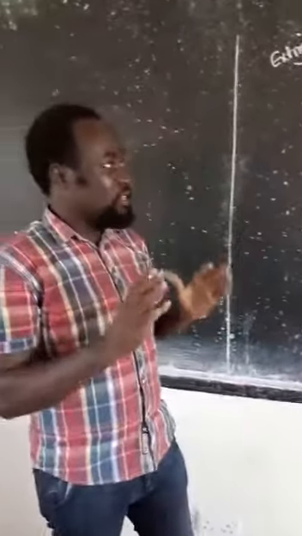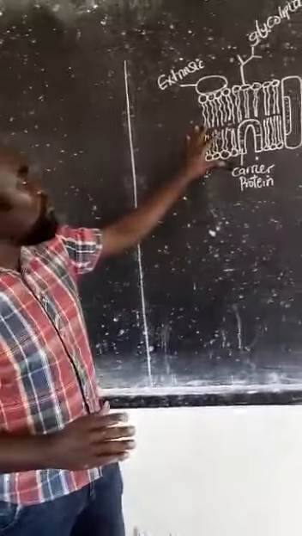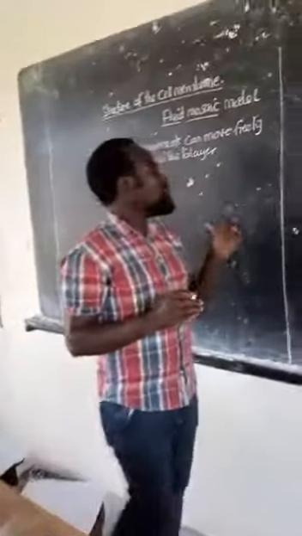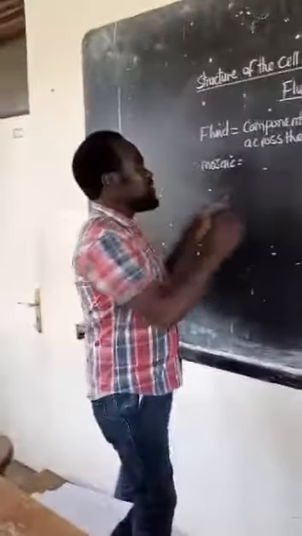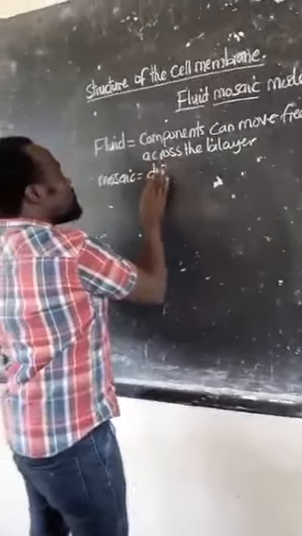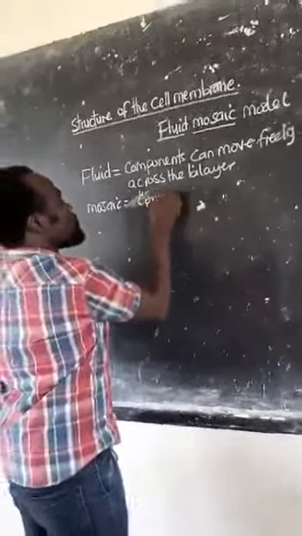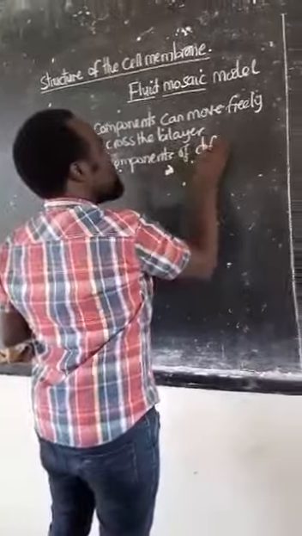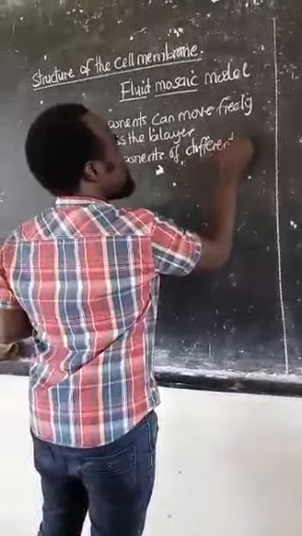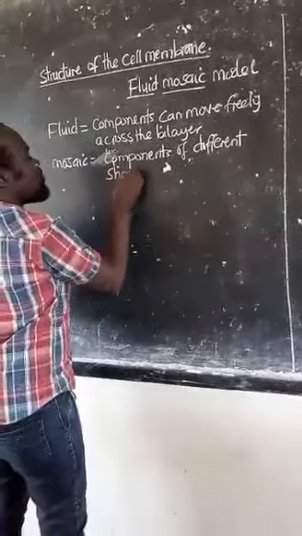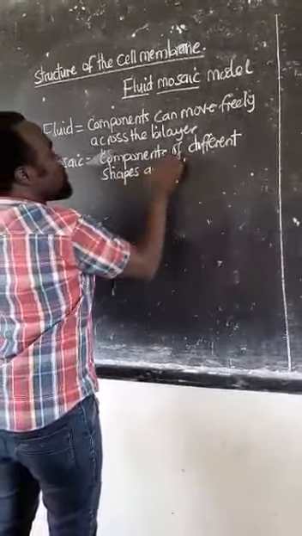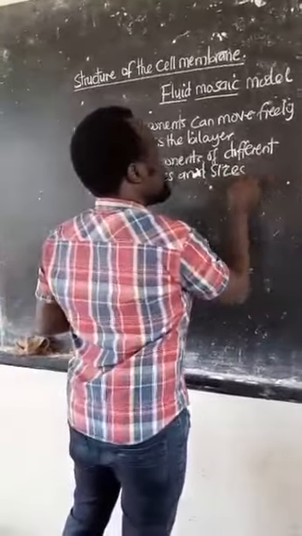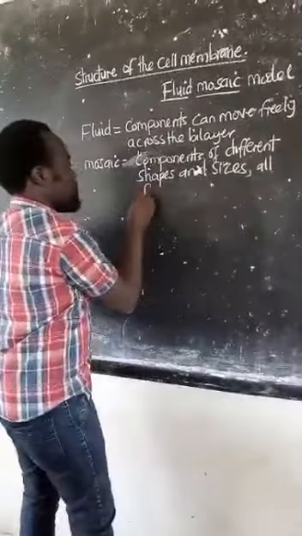Therefore, we say that the membrane is mosaic because different components of different shapes and sizes all fit together.